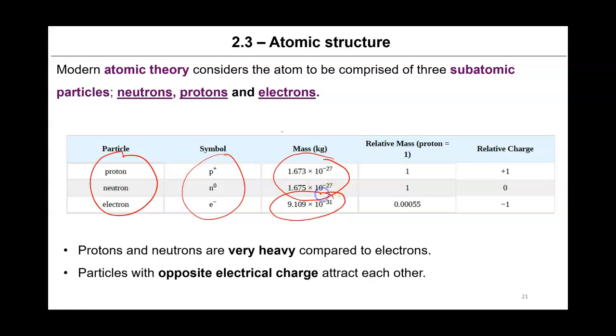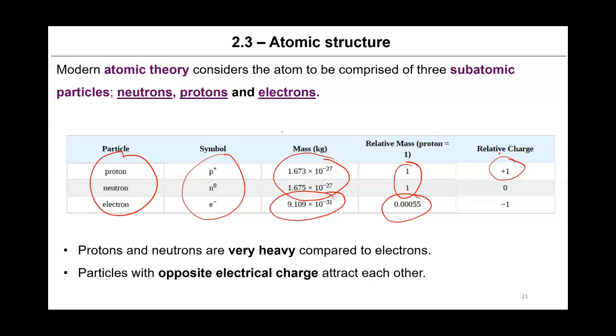The electron is much smaller in mass than either the neutron or the proton. Often we will work in relative mass units where we assign a mass of 1 to a proton, and this shows nicely that the neutron and the proton have about the same mass, and the electron is very, very small in comparison to protons and neutrons.